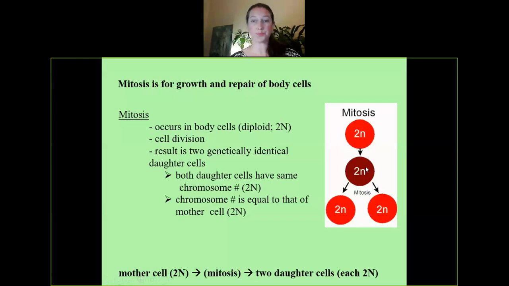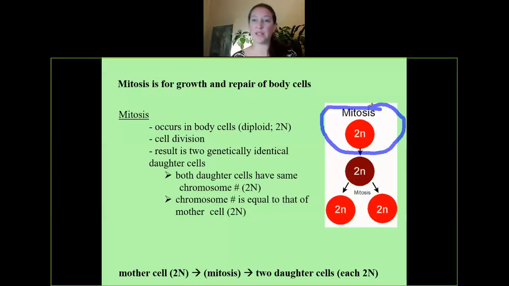Don't get scared. Here's a nice schematic of the process of mitosis. Let me annotate. So in mitosis, you start with a cell that is diploid, which is 2N.